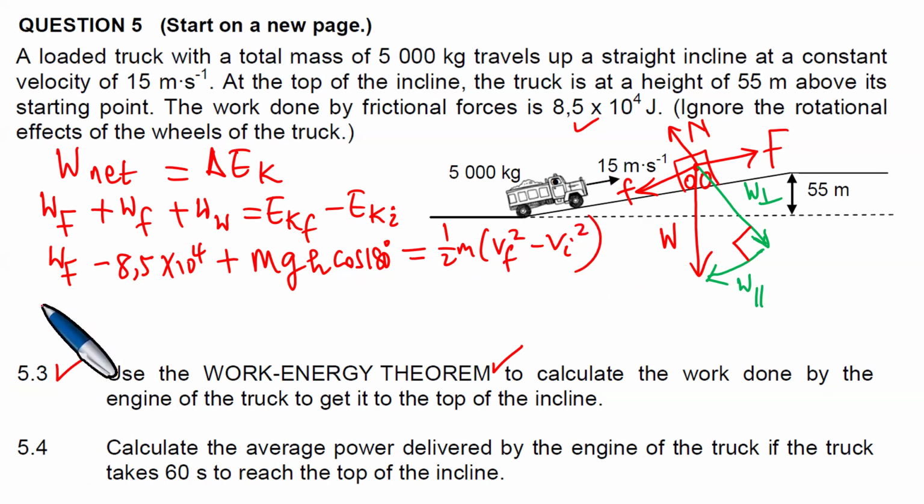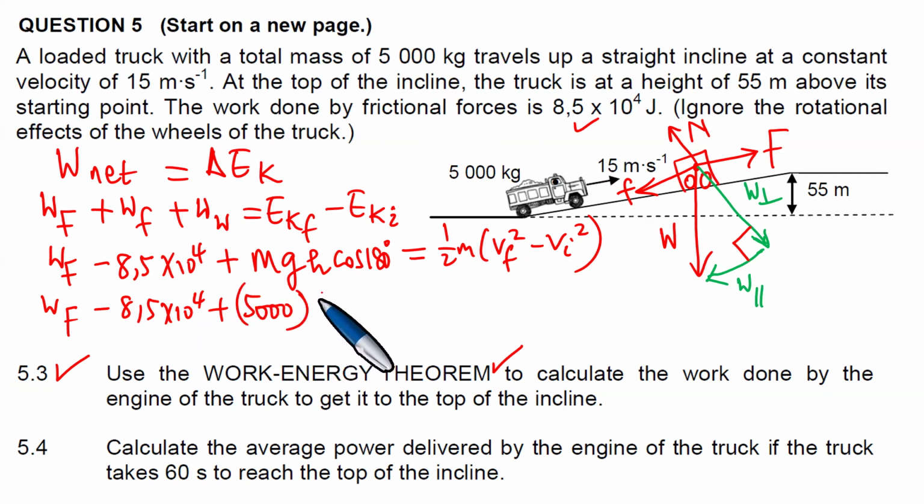Right, so, which means work done by the applied force is 8,5 times 10 to the fourth power plus the 5,000 kilograms. So you have 5,000 kilograms times 9,8, multiplied by the height, 55, cosine 180 equals 1/2.